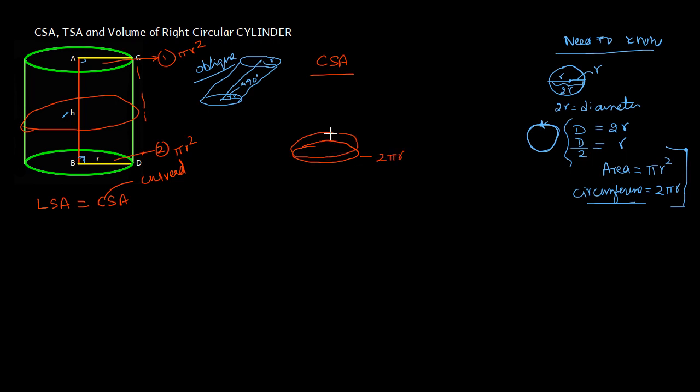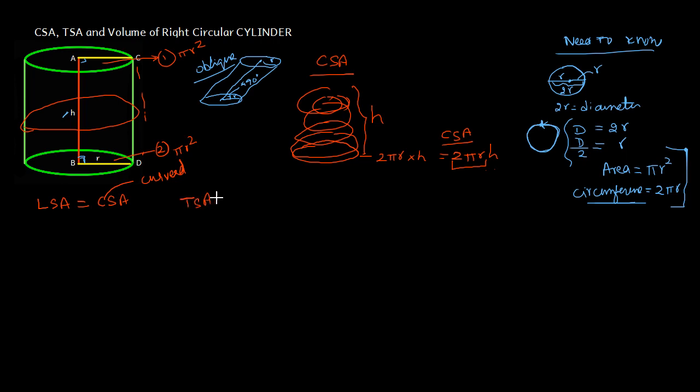If I keep on stacking many of these circles, multiplied by the number of circles I'm going to stack, that is the height, multiplied by h, it is going to give me 2 pi r h as my CSA. So what did I do? I took the circumference multiplied by the height. So that is going to be my CSA.